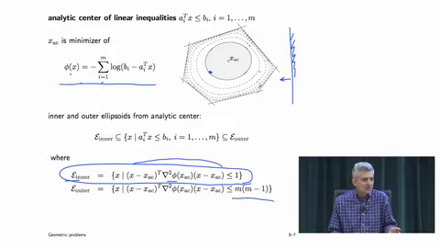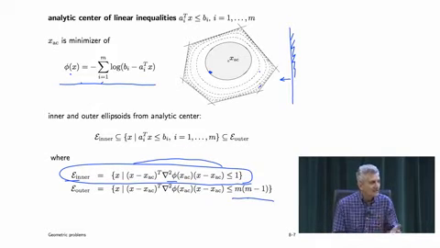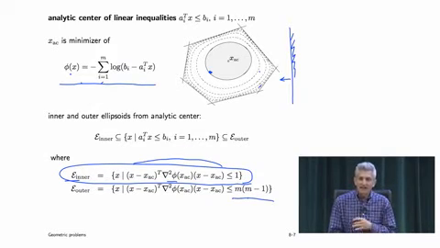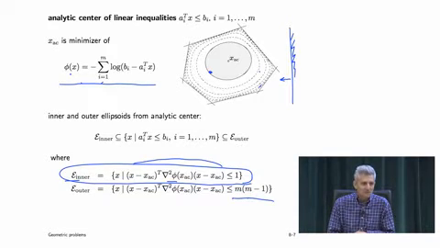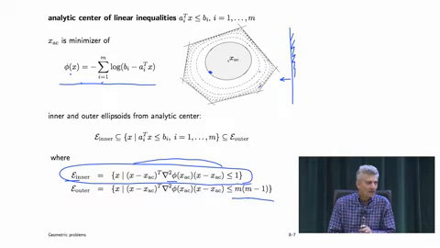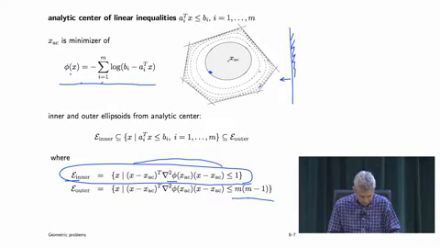It doesn't change the set. So I can pile up redundant inequalities, and I can get any point in the interior to be the analytic center. All that says is the analytic center is an attribute of the description of the set, not the set itself. So technically it's not a question of geometry, it has to do with the description. Okay.